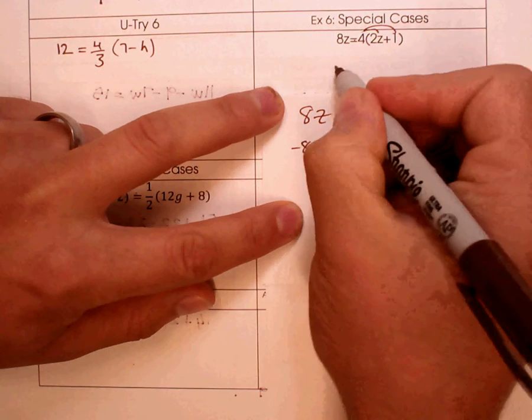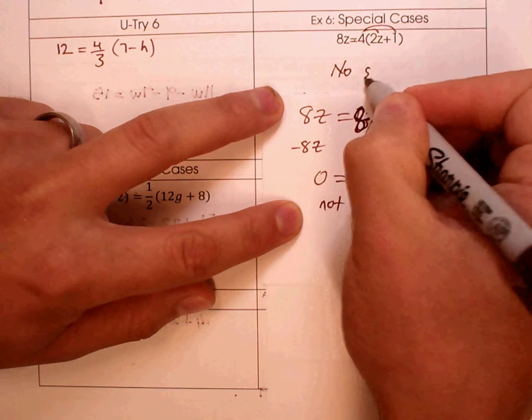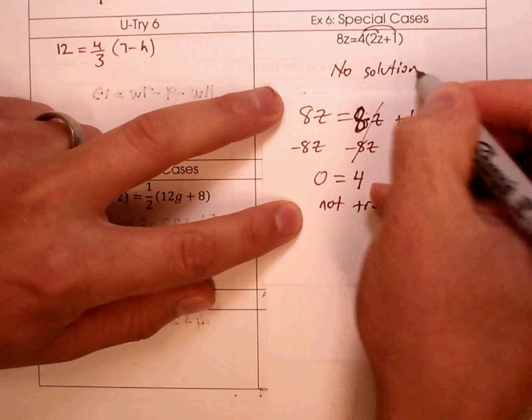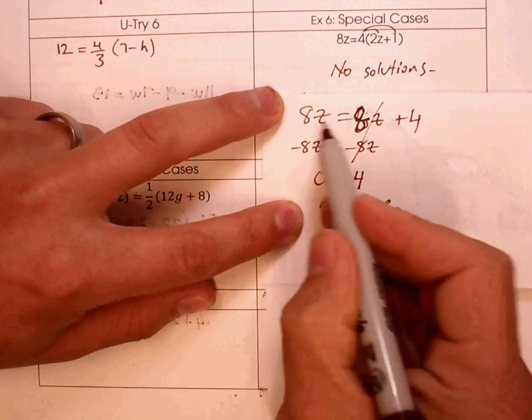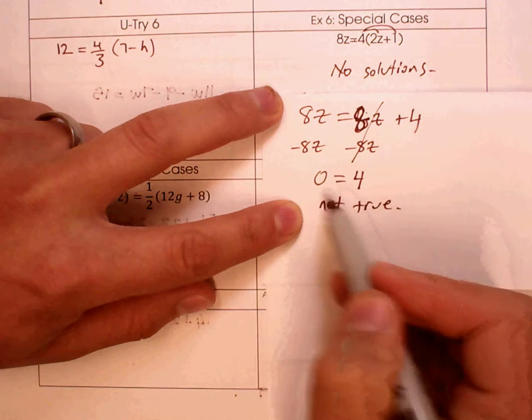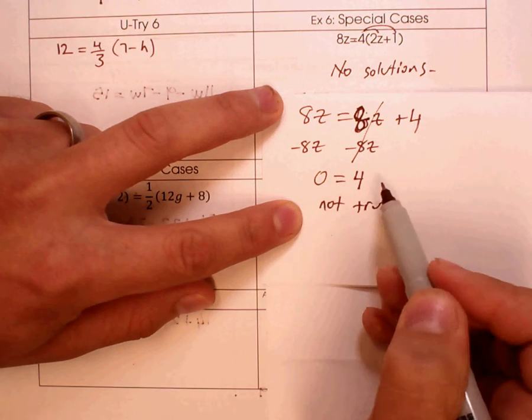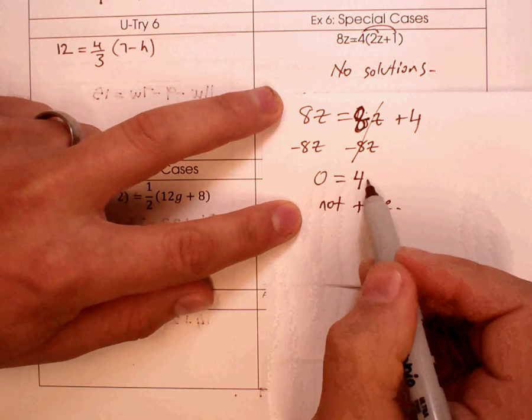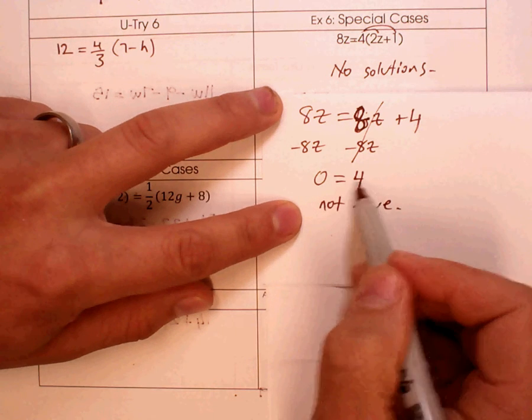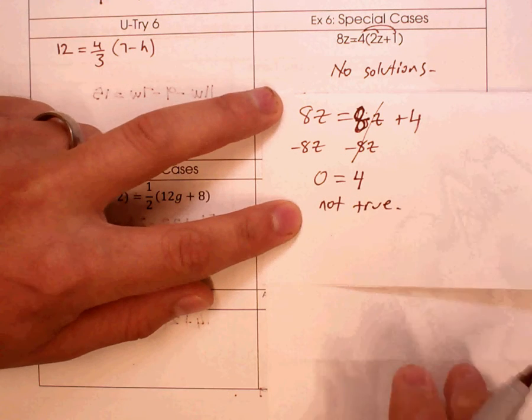Therefore, there are no solutions for this type of example. No solutions. We distributed, subtracted, and then we end up with no variables and only numbers on both sides of the equal sign, and it's not a true statement. So no solution.